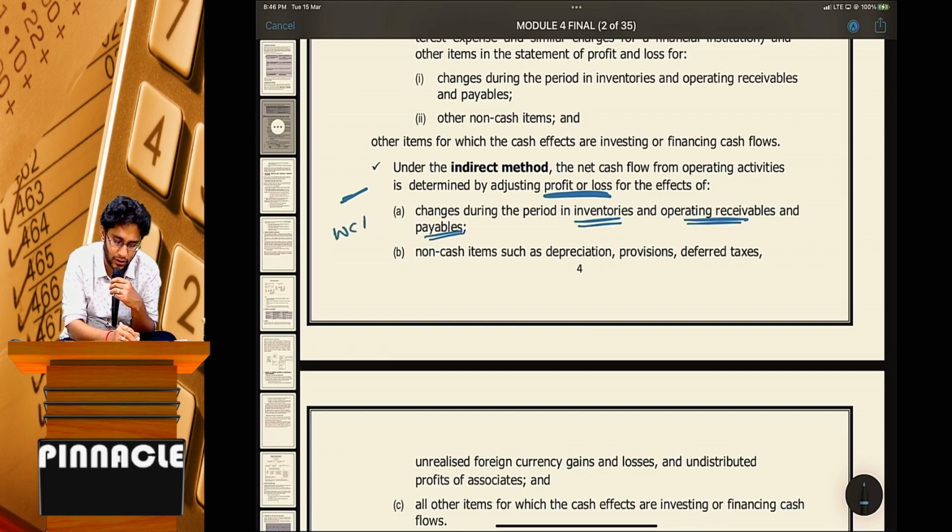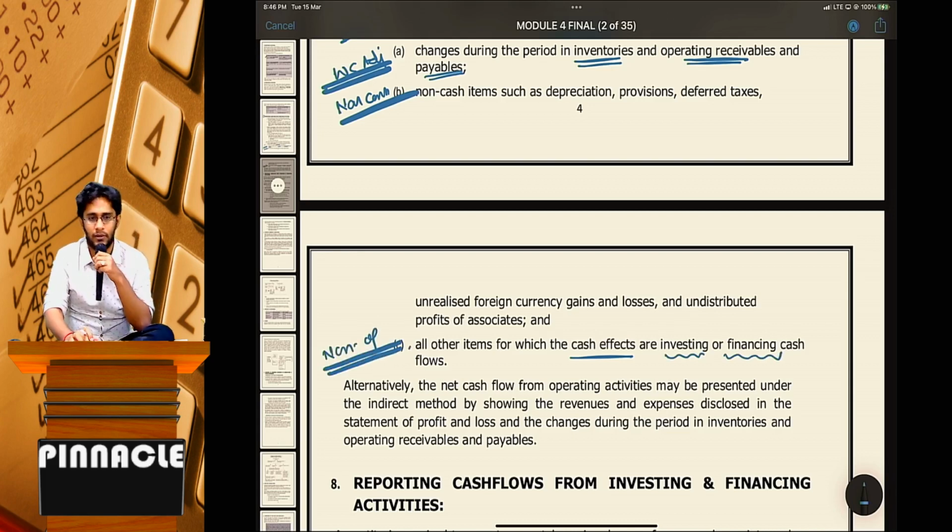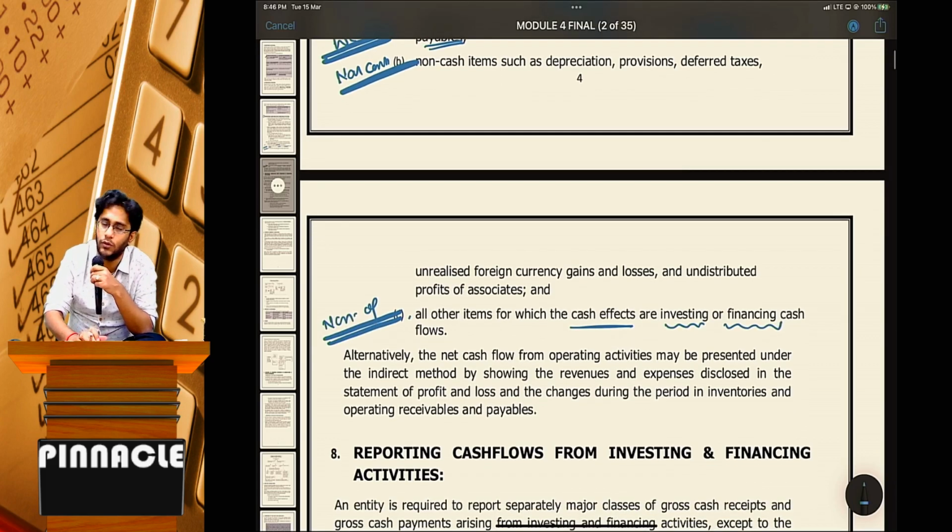This is nothing but your working capital adjustments, and non-cash items, and then all other items for which cash effects are either investing or financing. This is nothing but indirectly non-operating. So non-cash, non-operating, working capital adjustments, if you do these, your profit before tax will become cash flow from operating activities. This is the indirect method.